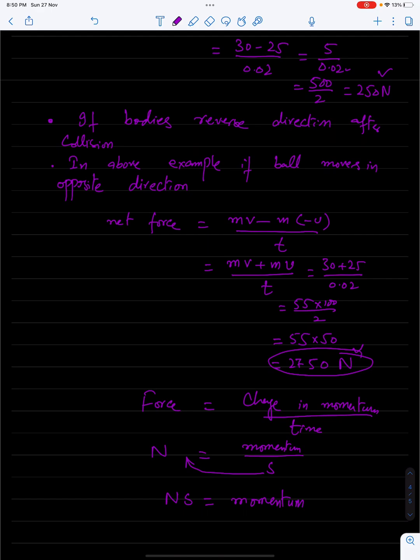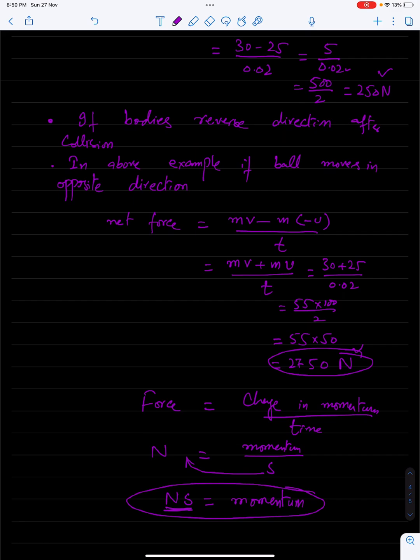So this is another logic behind the unit of momentum as Newton second. So a second logic is this one also. For your concept, you should have an understanding of both of them, right? So this video is ended till here.